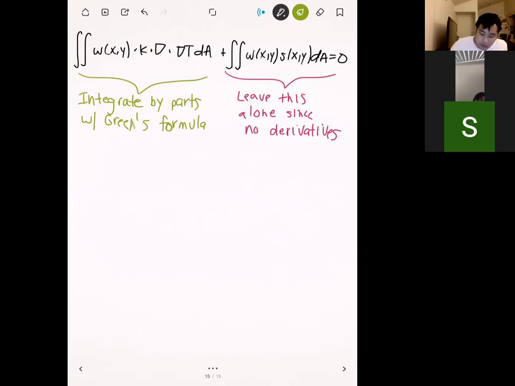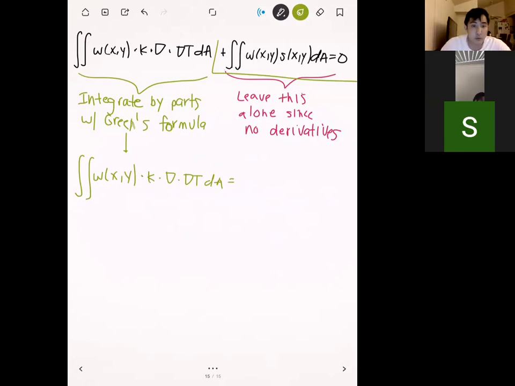I'm going to ignore this second term for now, but we'll bring it back in a bit. But first, let's apply Green's formula to this part of the integral. So let me write it out again. We have the double integral of W of x and y times k times the divergence of the gradient of T, dA.